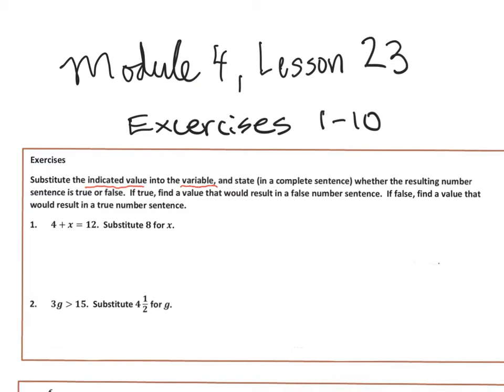So we really have to understand what true or false is. If true, find a value that would result in a false number sentence, okay? So if it is true, we have to go and find a value that would make it false. If it's false, we have to find a value that would result in a true number sentence. So we're going back and forth here, but we got to understand some of these key terms.